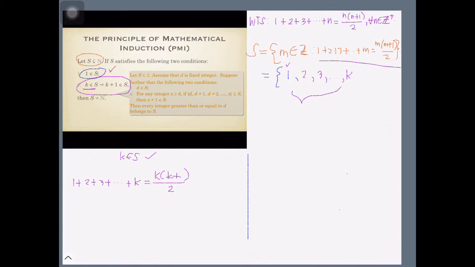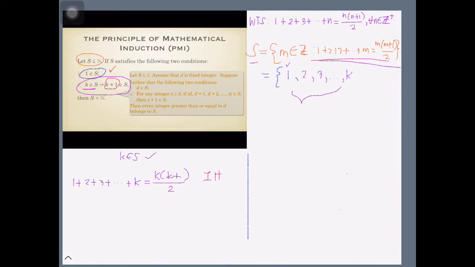So yes, this is our induction hypothesis. With this hypothesis, we are to show that k plus 1, or 1 unit after k, would still work in this predicate or would still be an element of the given set S here.